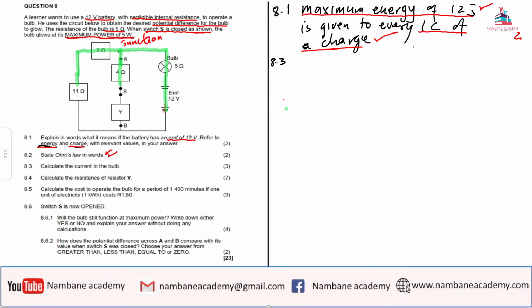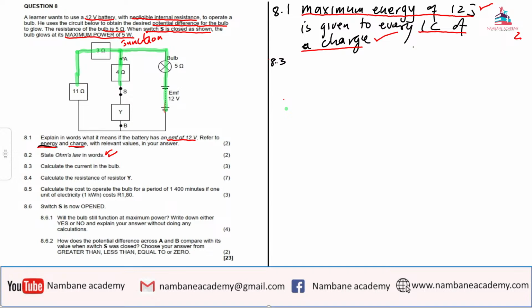But the current passing at 3 ohm and the current passing at 11 ohm is the same current. So what can one do? One can maybe combine 11 and 3 to make just one resistor. Why? Because 3 and 11 are connected in series. It's just me analyzing the circuit.